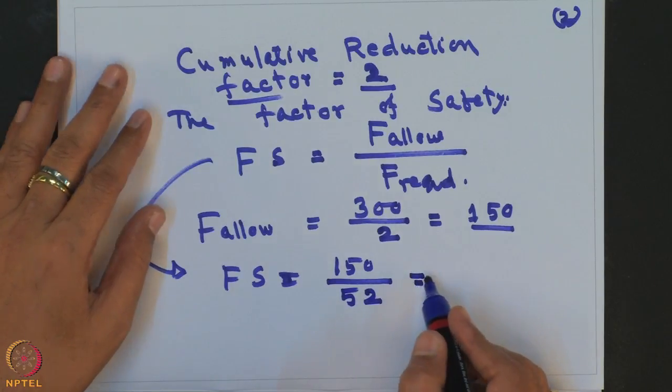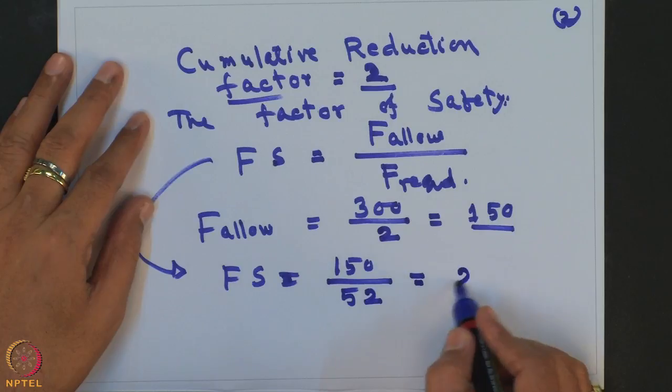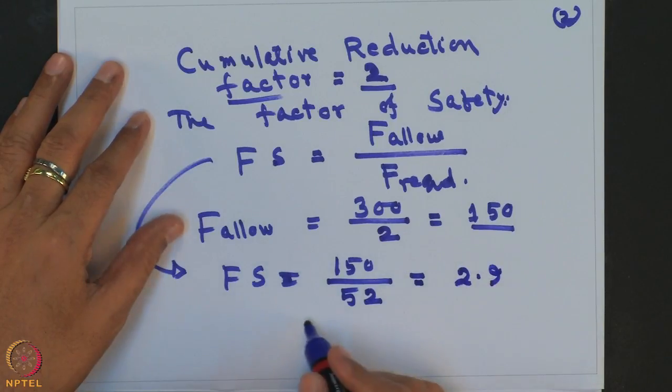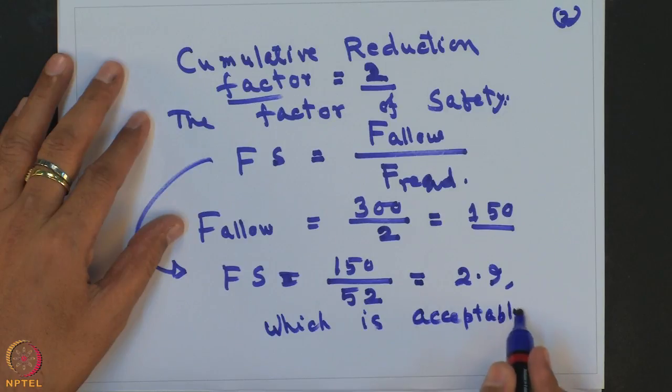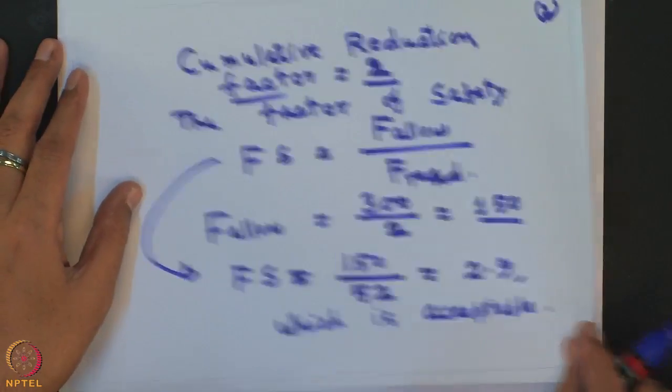So, Fs will be equal to 2.9, okay, which is acceptable. So, this is the puncture resistance.